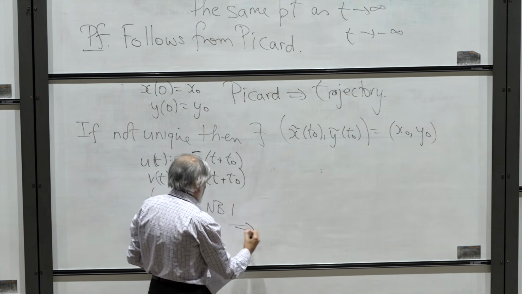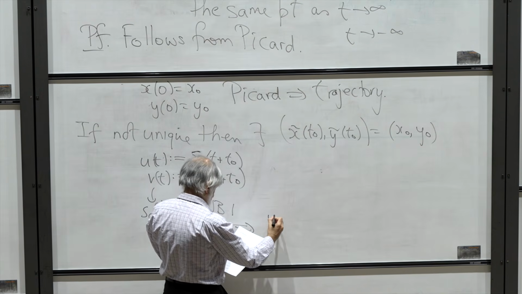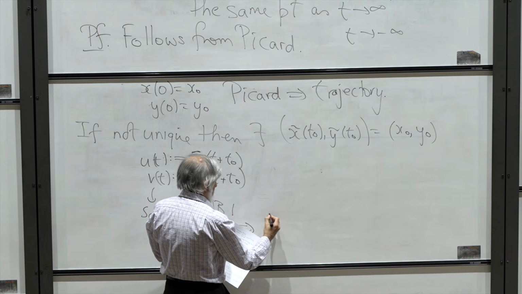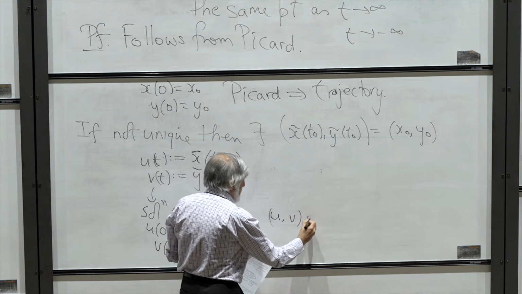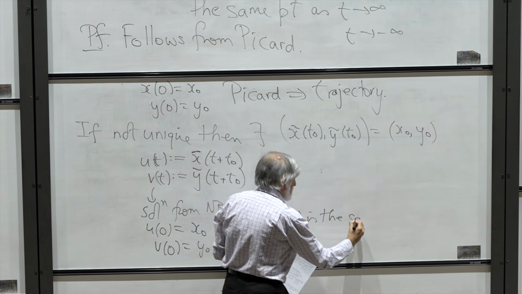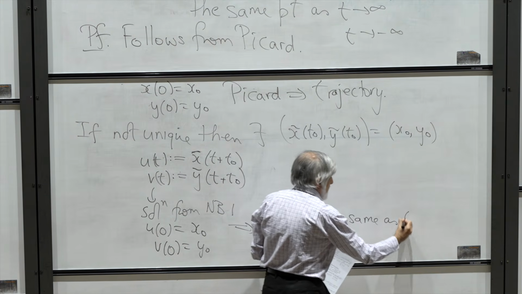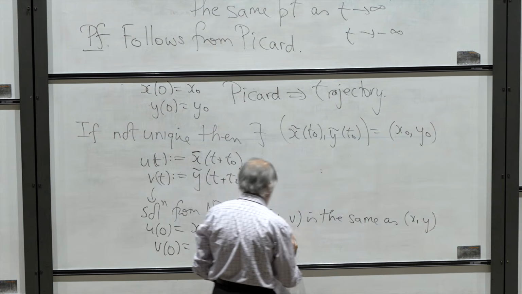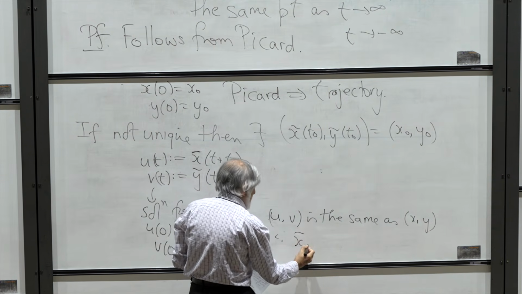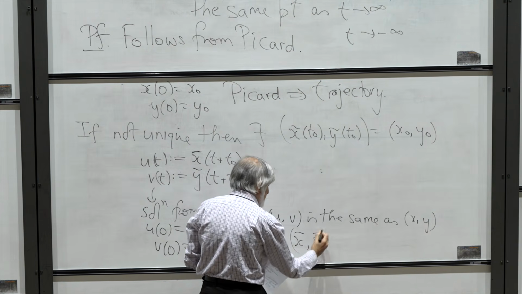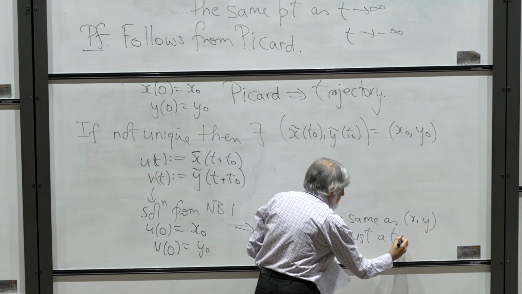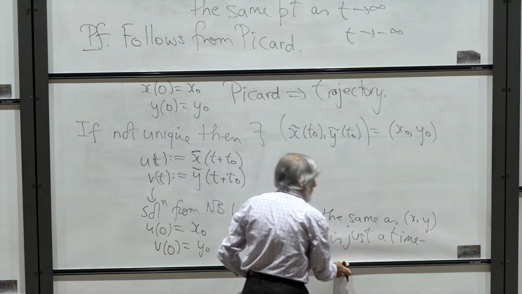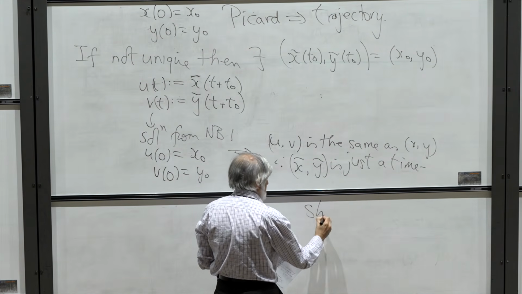Implies that then u, v is the same as x, y, and therefore this seemingly new solution we got is just a time shift of x, y.